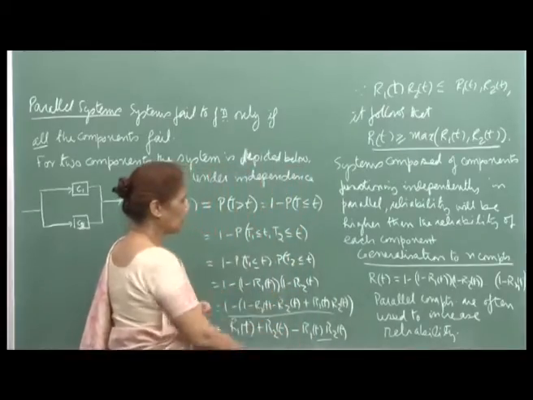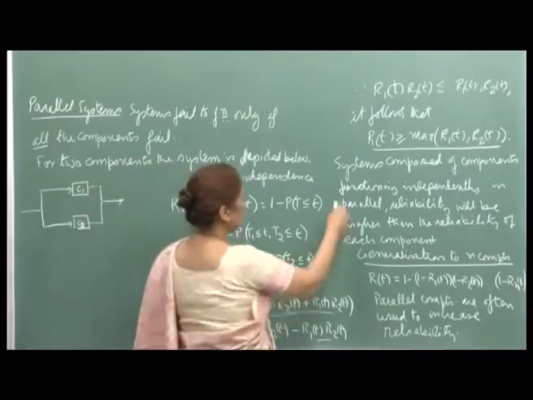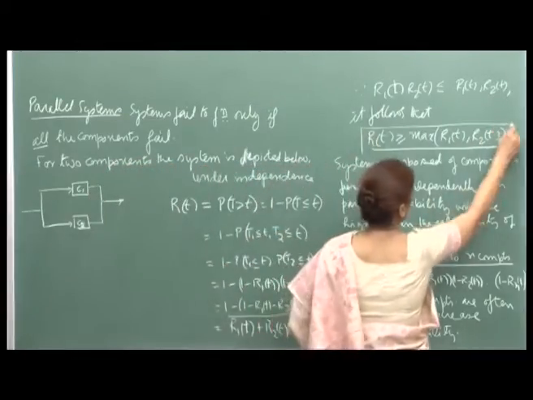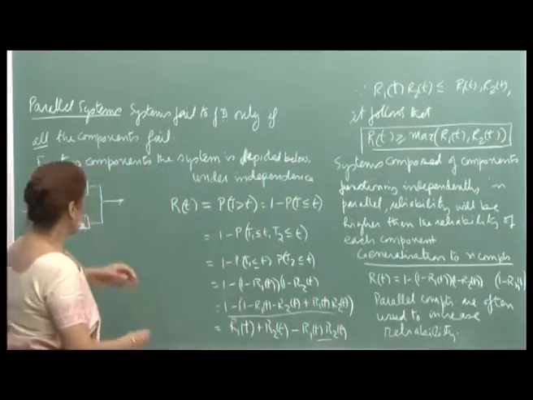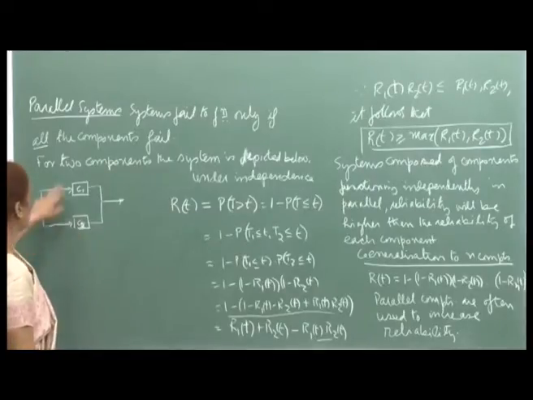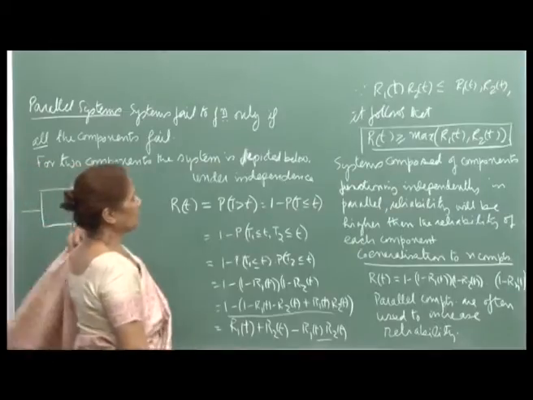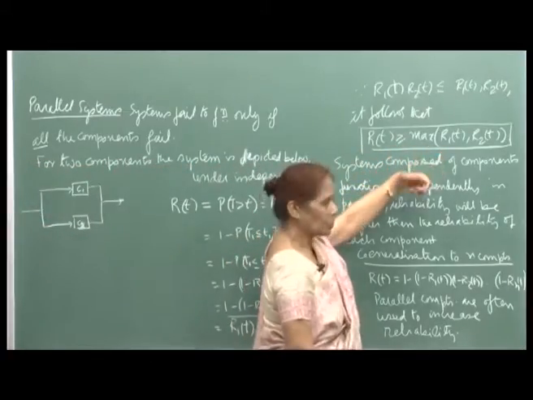So, the same principle will be used, and you can show that. So, this is the important thing, that here we are considering the case when two components are working in parallel, right, and the system has to fail only when both of them fail, because all components have to fail. In that case, the reliability of the system will be greater than or equal to the reliability of both the components.